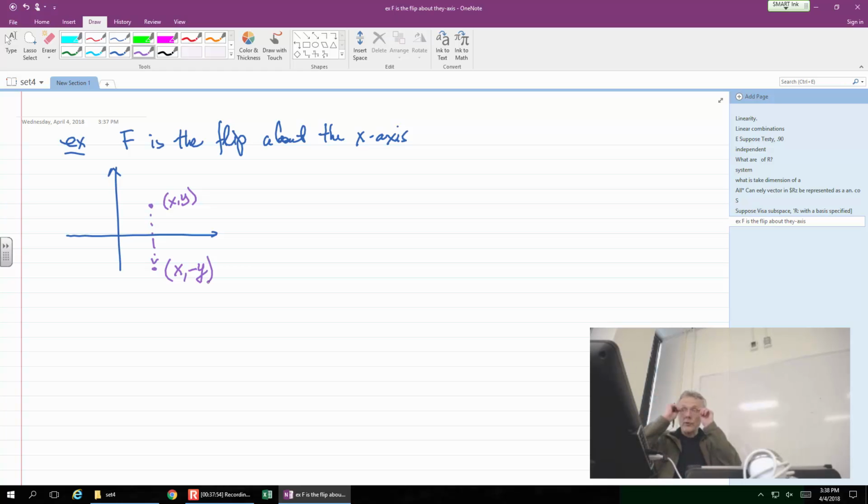So it actually is sufficient to look at what I've got here and to write the matrix. So f of (x, y) is (x, negative y).